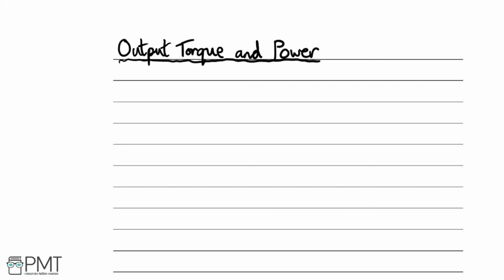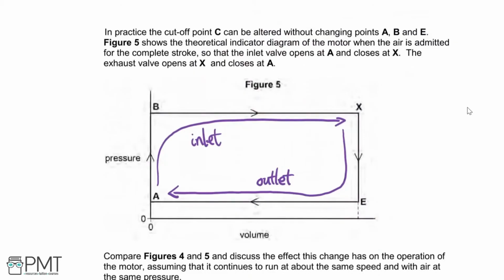For the output, torque and power section, we actually need to refer back to the area again. However, this time it's going to be during the output section, so from X to A. As you can see in figure 5, the area of this diagram is greater because we've no longer got this curved section near where X is being cut off from the diagram.